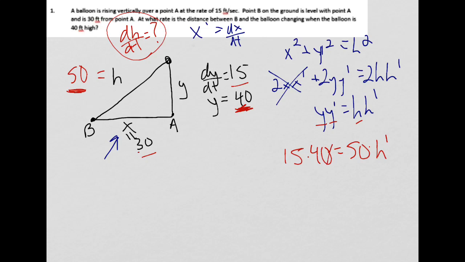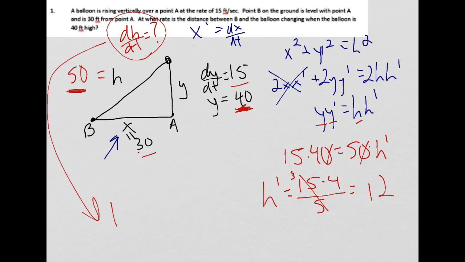I can divide by 10 on both sides, and then I get h prime equals 15 times 4 over 5, which comes out to be, I can cancel this and make that 15 a 3. So I get 3 times 4, which is 12. So my answer is that dH/dt is equal to 12.